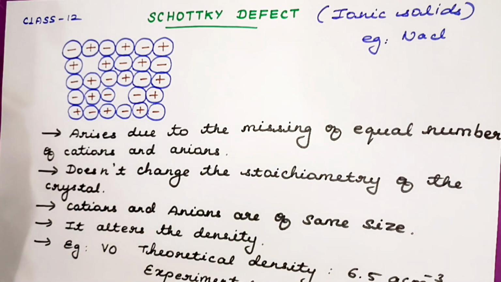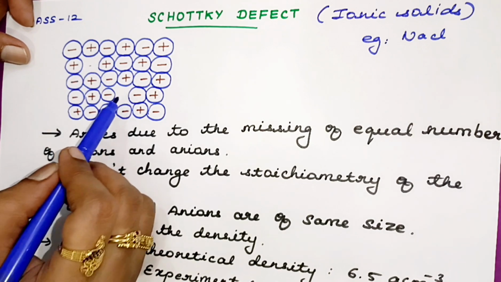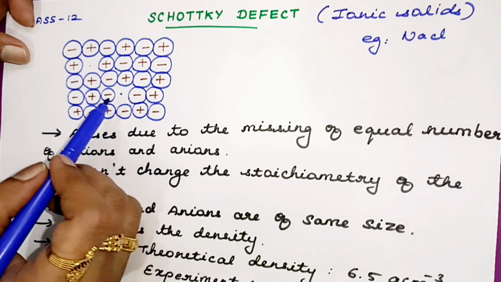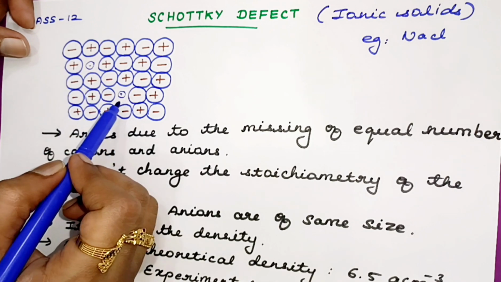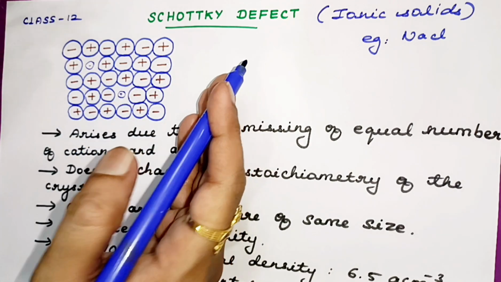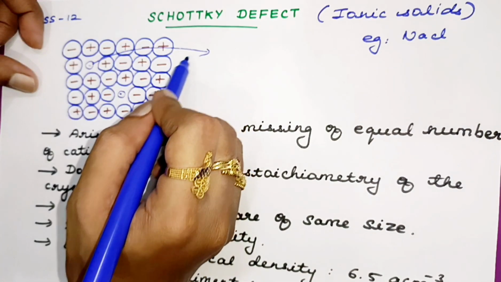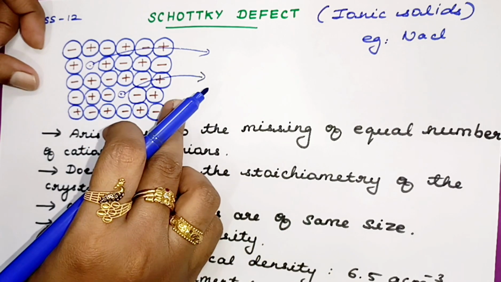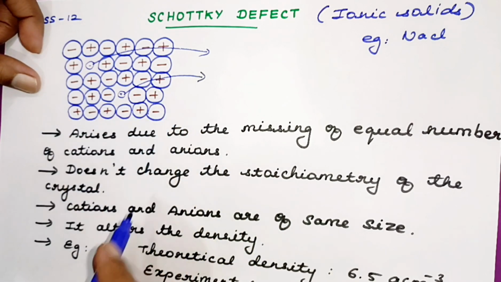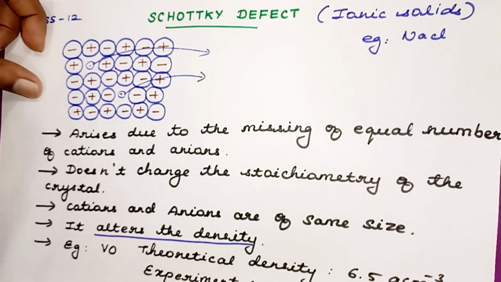Here, just see, here one negative ion is missing. Here one positive ion is missing. So this missing positive and negative ion will escape from the crystal lattice. If these two ions are going away from the crystal, what will happen? This will alter the density.